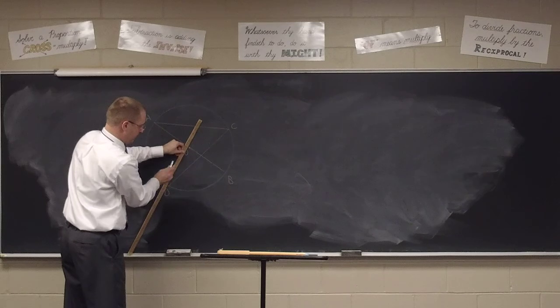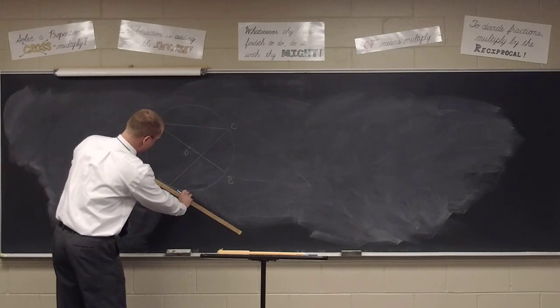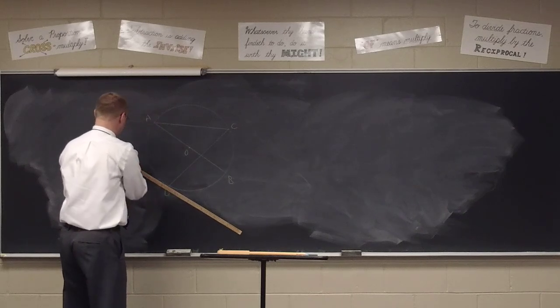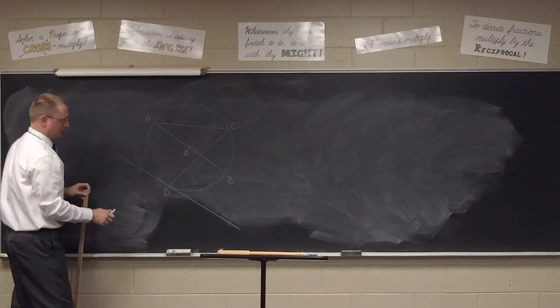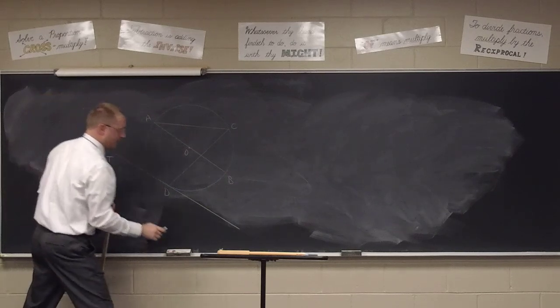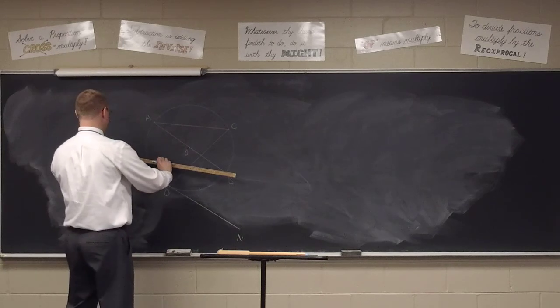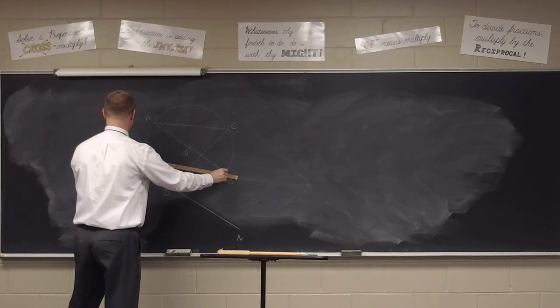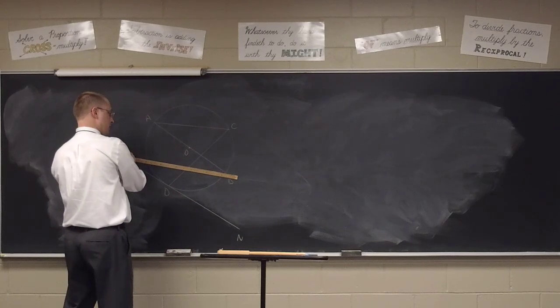Don't actually draw it, but guesstimate, and then try to draw a perpendicular. So basically you're getting a tangent line at D. Let's call the tangent TN. And from T, let's connect all the way to B.